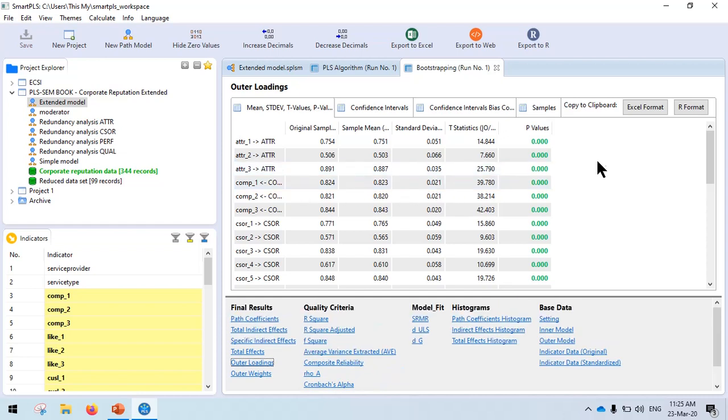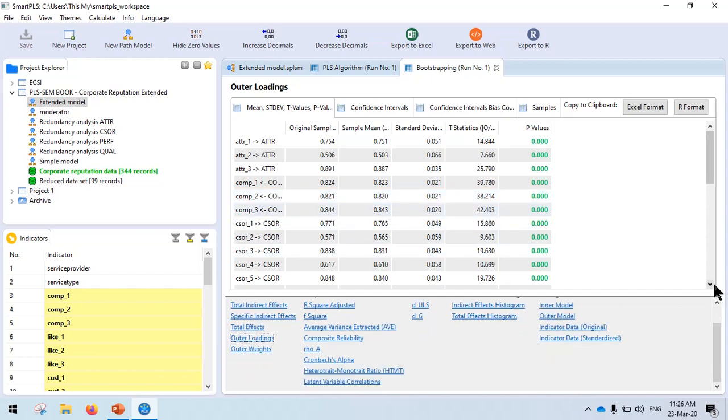Let's see the significance: attractiveness, 3 of them, attire to attractiveness. Also down. Yeah, so the statistics show that all our 4 constructs should be retained, and you can see all the indicators of each construct are significant, as the p-value is less than 0.05.